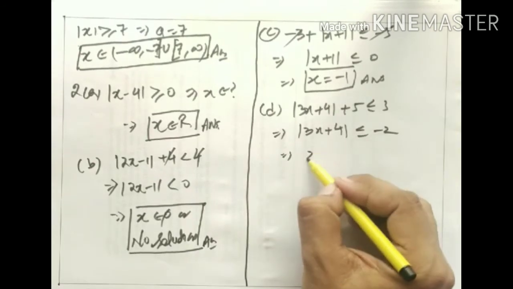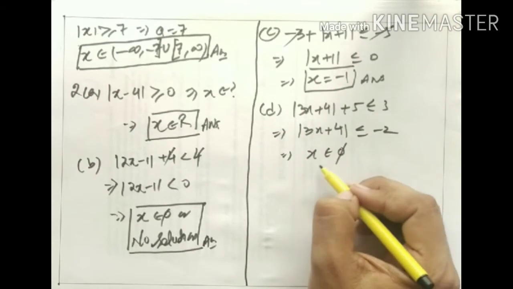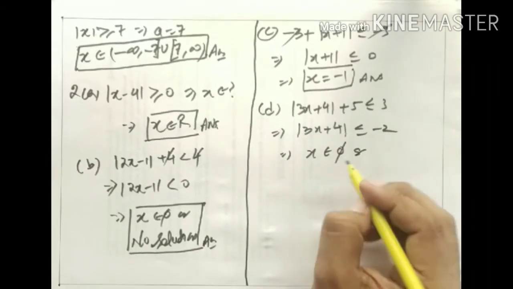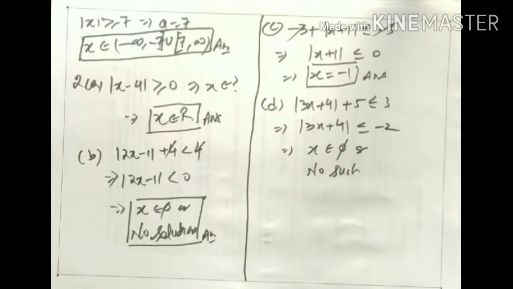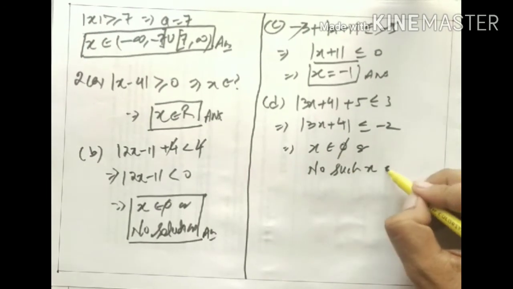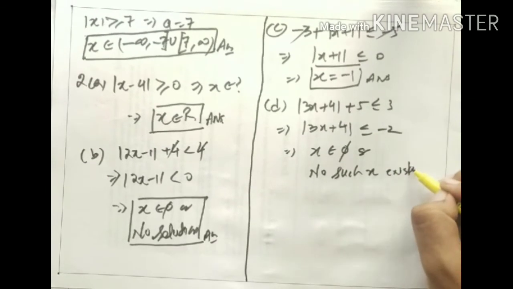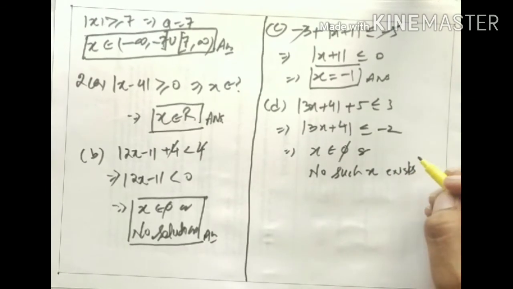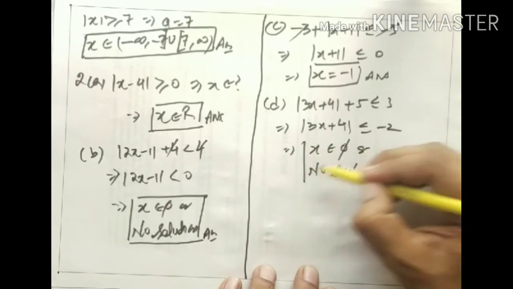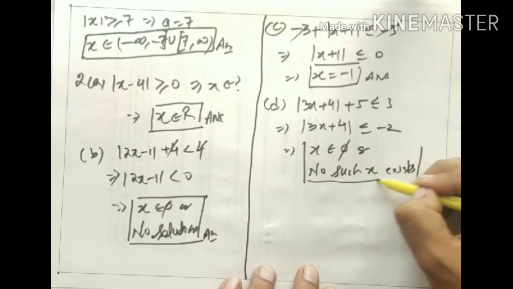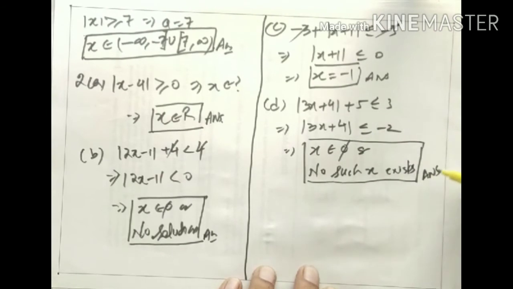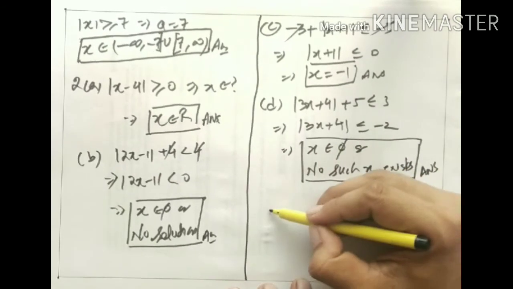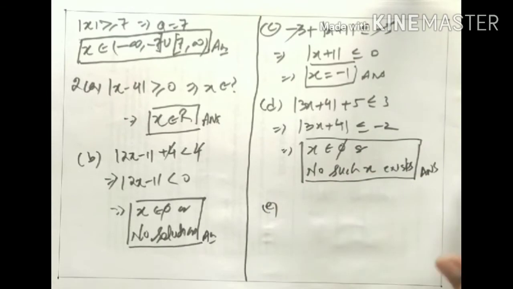So this implies x belongs to the null set, or no such x exists. This will be the answer to this question, or no solution. There can be many ways to write the same answer. Next will be part E.